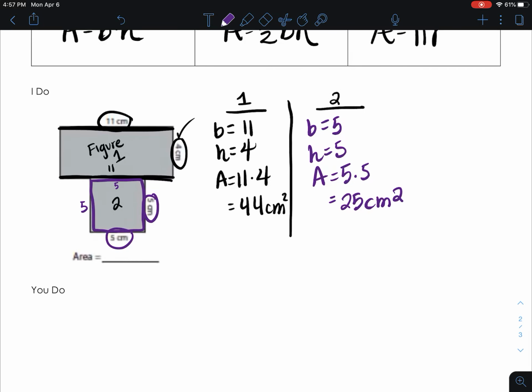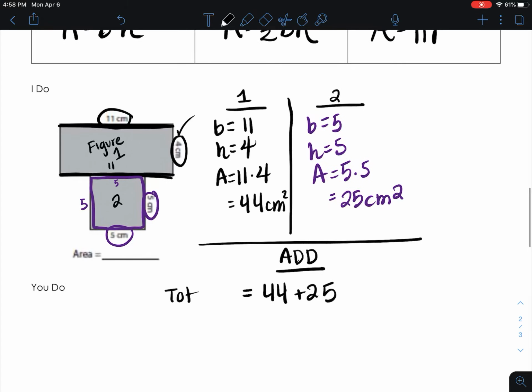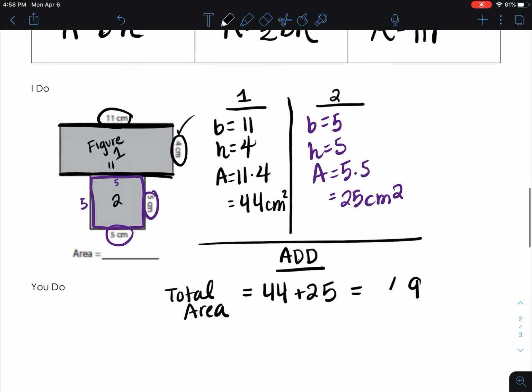Okay? And now all I'm going to do is add. So I'm going to do 44 plus 25 to find my total area. Okay, and that's going to give me 69 centimeters squared.